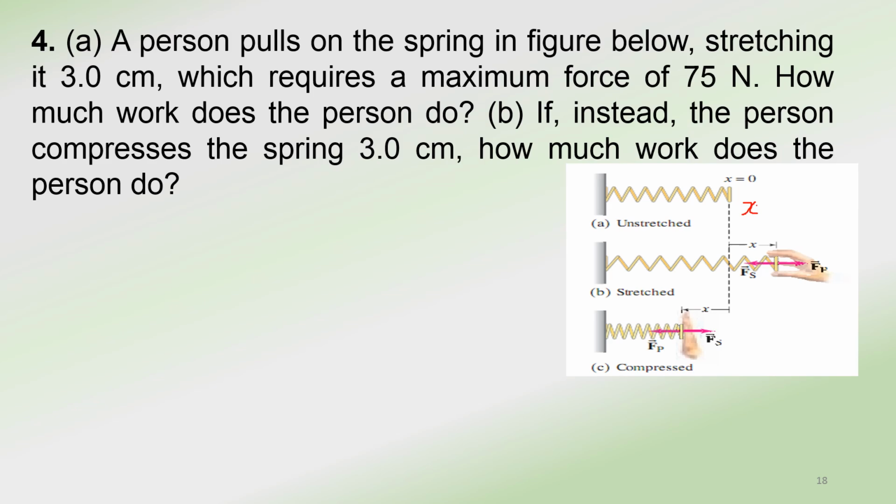x equals plus 3 centimeters in the case of stretching, and x equals minus 3 centimeters in the case of compression, because they said in B, if instead the person compresses the spring 3 centimeters.